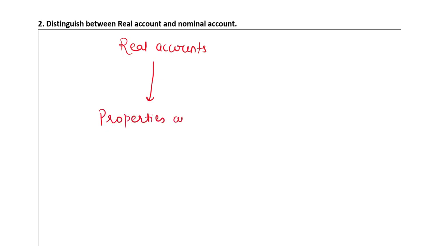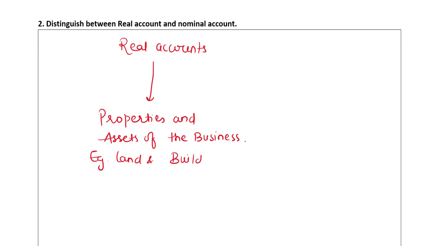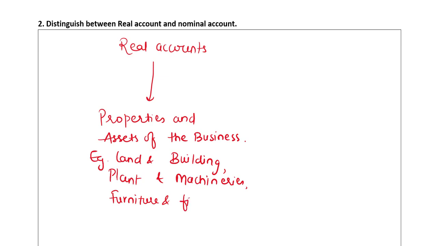Examples would be land and building, plant and machinery, furniture and fixtures, motor vehicle, etc. So these are the real accounts.